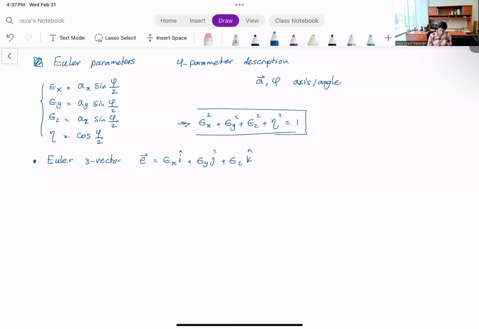If you look at the values, it is actually the same vector as a, only scaled by the value sine of phi over 2. So these epsilons represent the direction of the axis of rotation. It has a nice interpretation, only scaled with how much you're rotating.